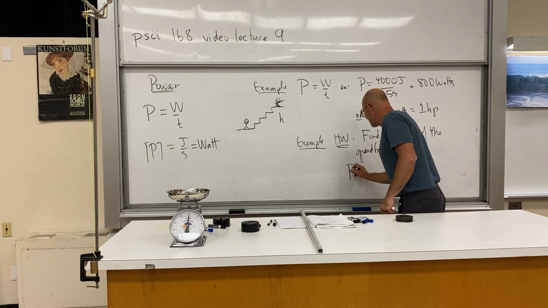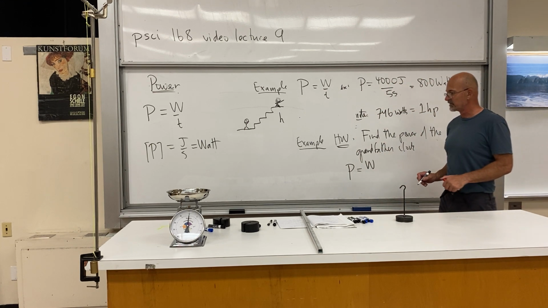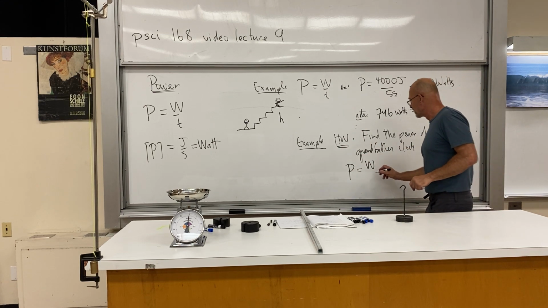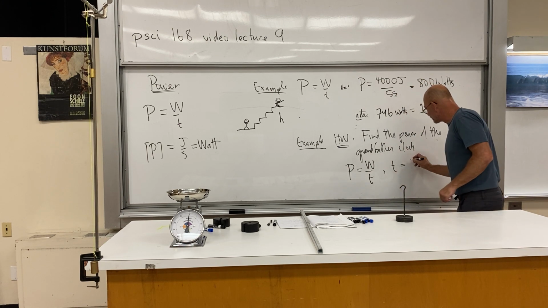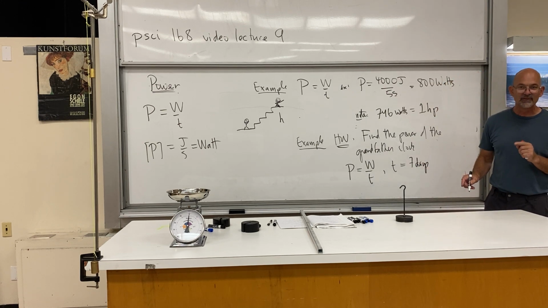The power again is the work, and what did we say? That was 75 joules. In fact, it's a completely realistic number for a grandfather clock. Work over time, T is equal to 7 days. Now what you have to do is convert those days into seconds.